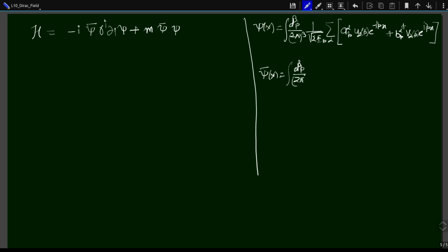And likewise psi bar of x is, just to make life easier, let me use a different symbol over here, the integral d3Q by 2 pi cubed, 1 by square root of twice E_Q, sum over beta, again using different notation for all the dummy variables, A_Q beta dagger U bar beta of Q, exponential, sorry, this will be plus now, i Q dot x, plus B_Q beta V bar beta of Q, exponential minus i Q dot x.